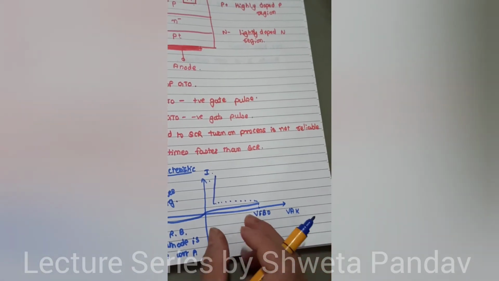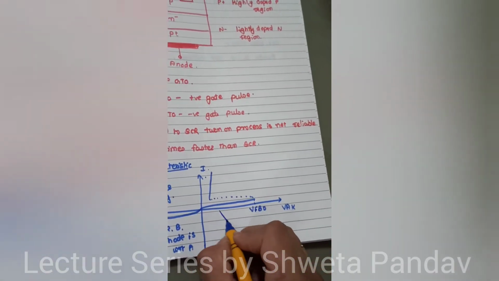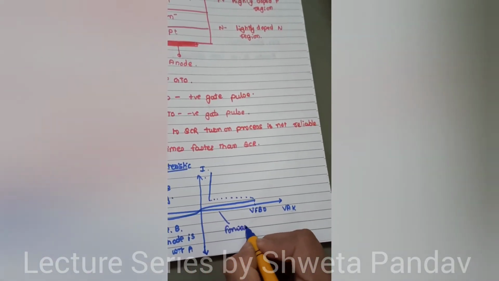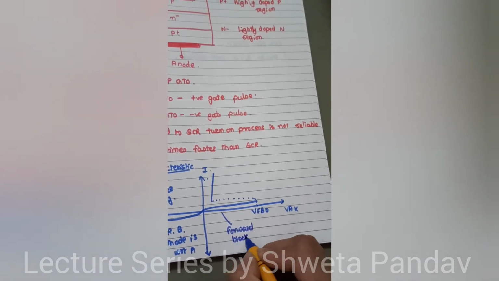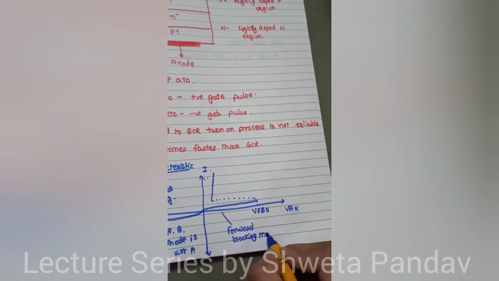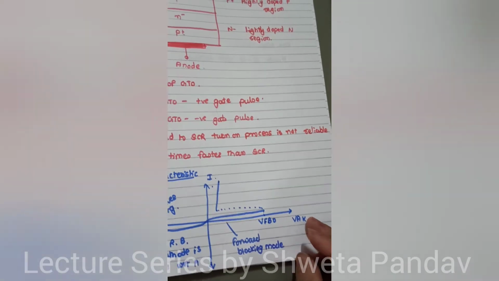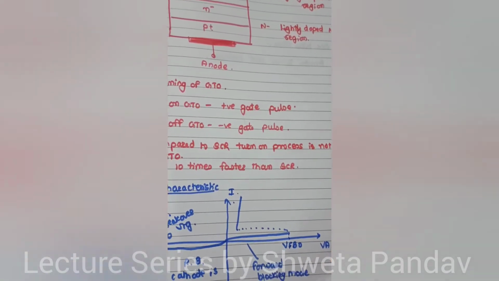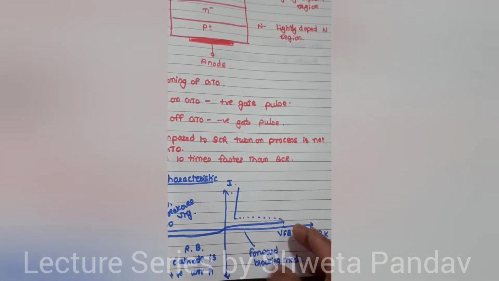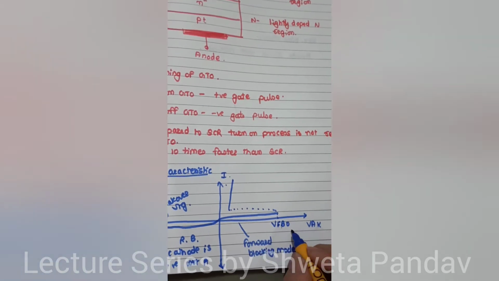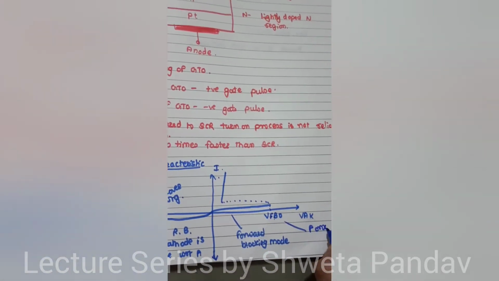This mode is called forward blocking mode, as we saw in the previous lecture on the characteristic of SCR. This voltage is called forward breakover voltage.